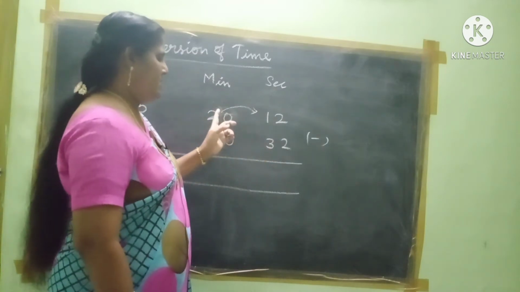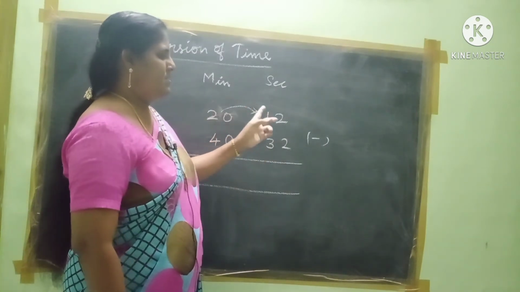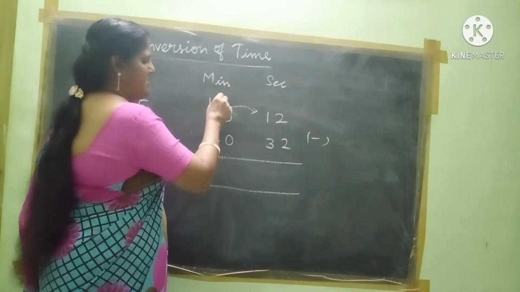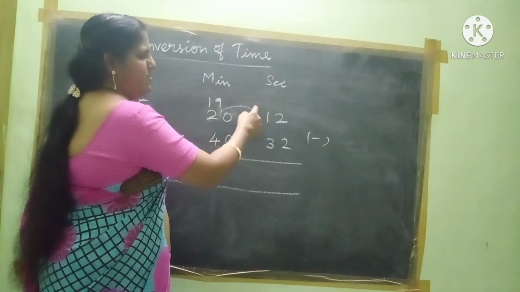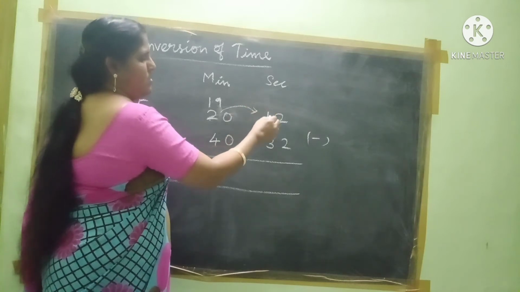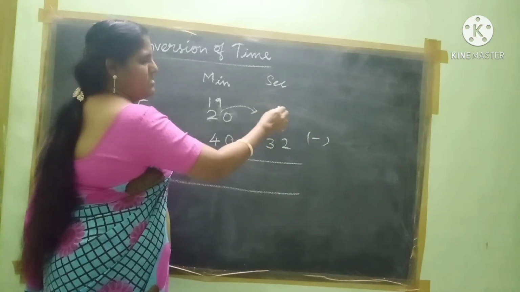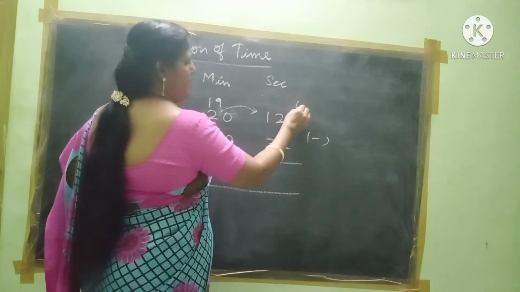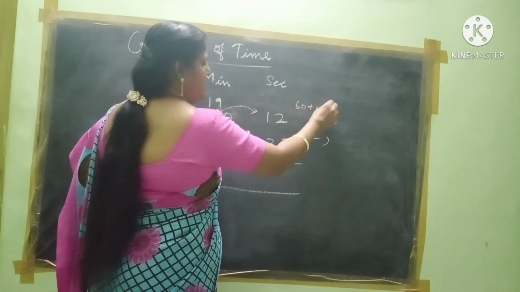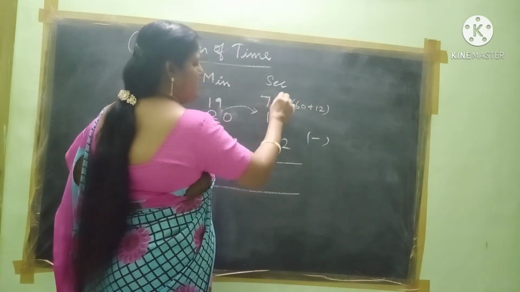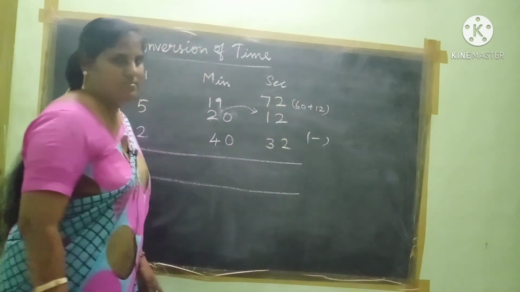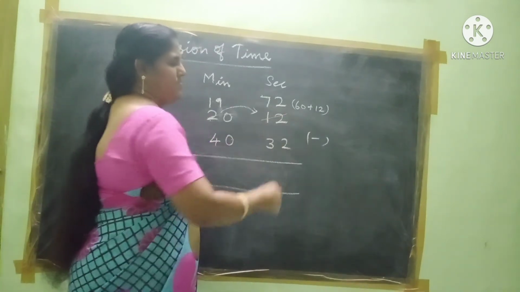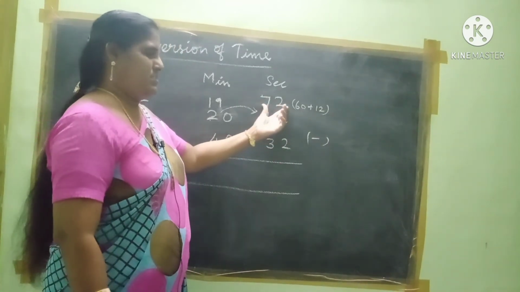So when you bring 1 minute from here to there, it becomes 19 minutes, because we already borrowed 1 minute to this side. So already 12 seconds are there. So 60 plus 12, totally 72 seconds are there. It becomes 72 seconds totally.